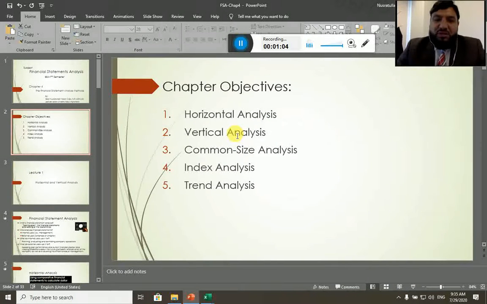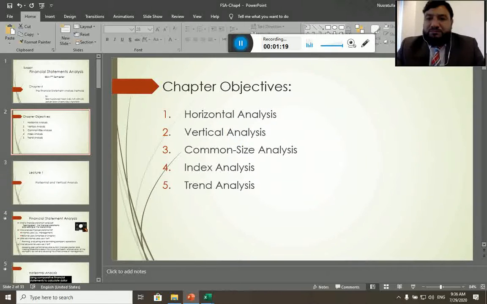Though this chapter covers 5 financial statements analysis methods, which are horizontal analysis, vertical analysis, common size analysis, index analysis and trend analysis.